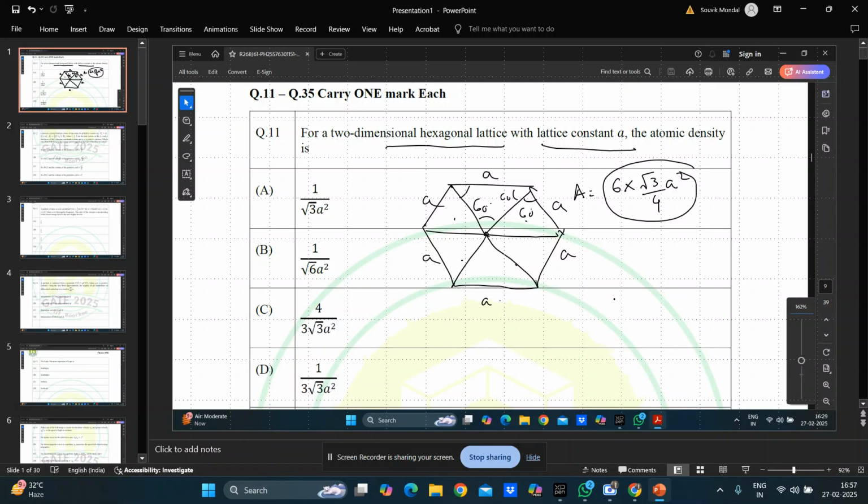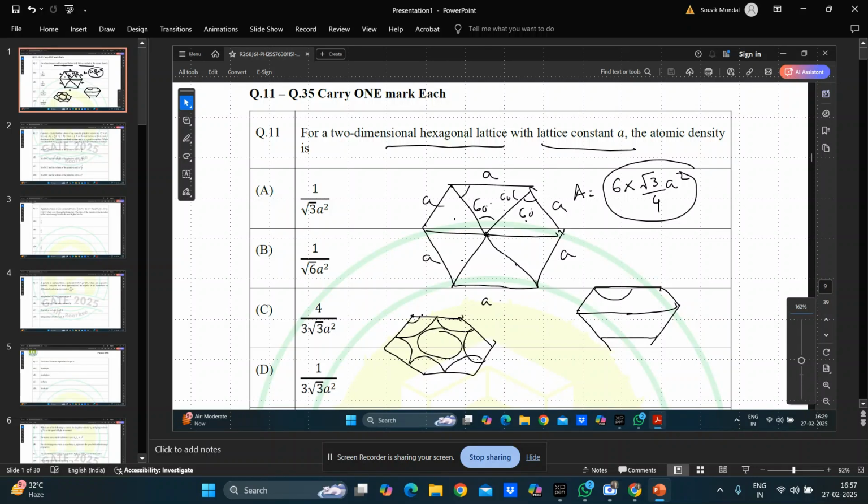So this is the total area. And now what is the contribution of atoms? I mean, how many atoms are there, the effective number of atoms? Sorry, the diagram is wrong. Let me draw it clearly. There is one atom here, another atom here, another here, another here, another one here, and at the center there is another.